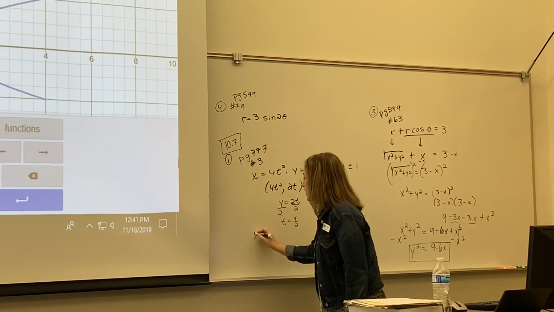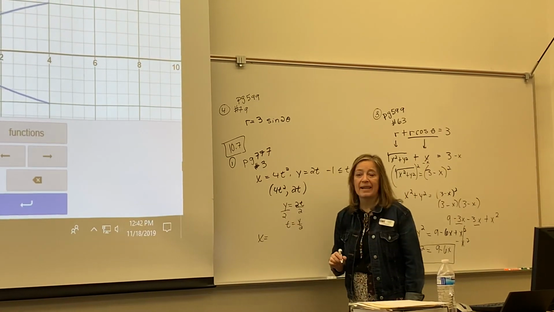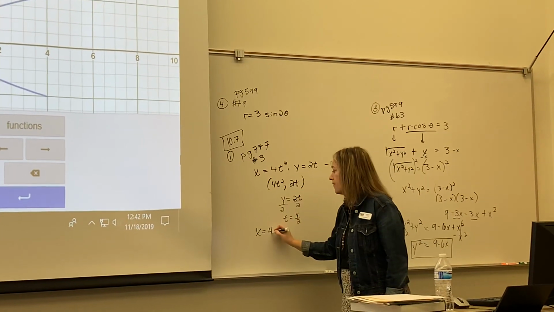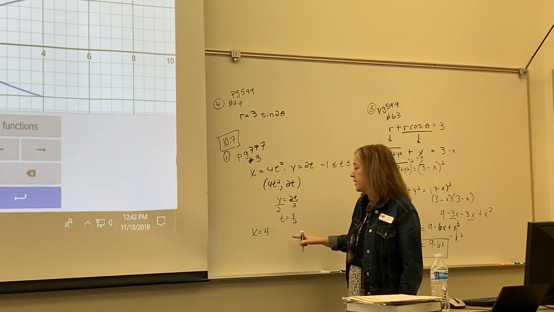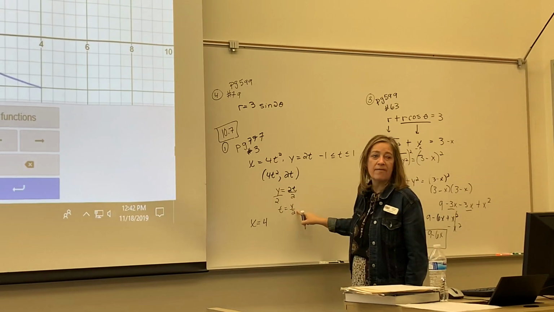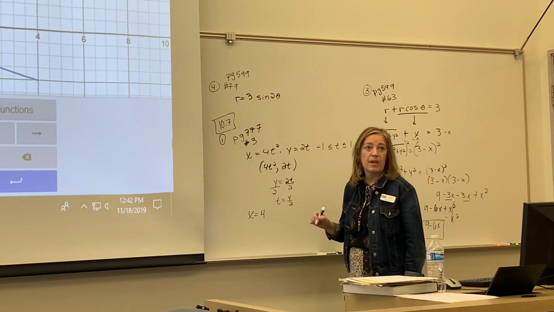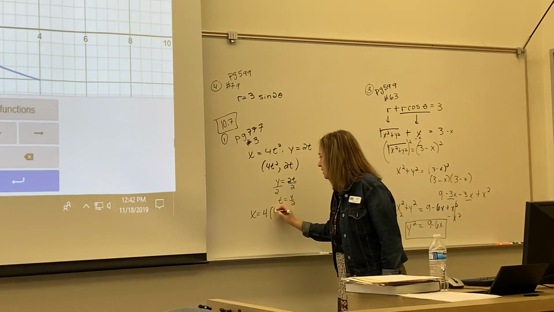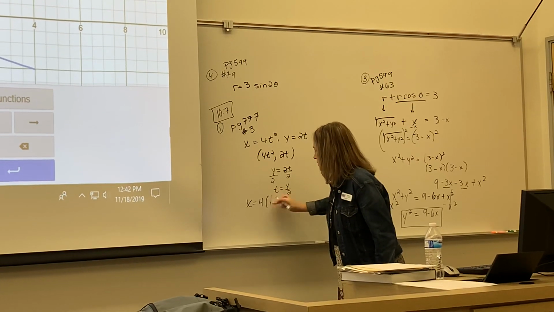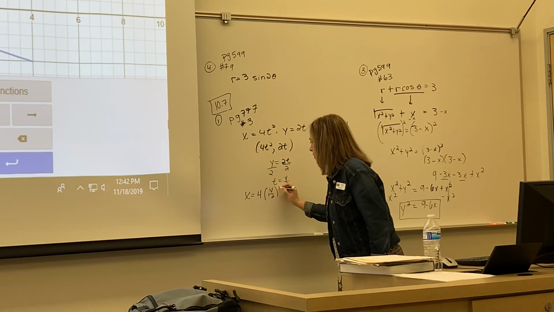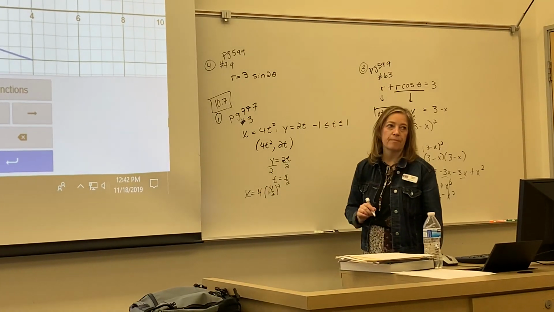So doing so, you get the following. X is equal to, and then I have 4, and instead of t, I'm going to substitute this value for t of y divided by 2. Make sure you put it in parentheses. And then we're going to square that amount.